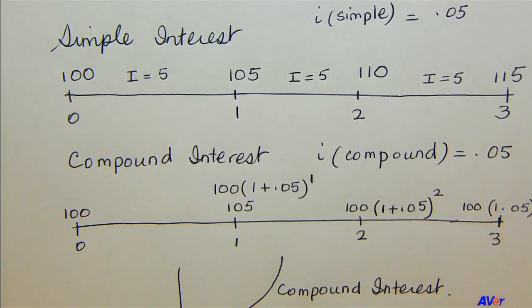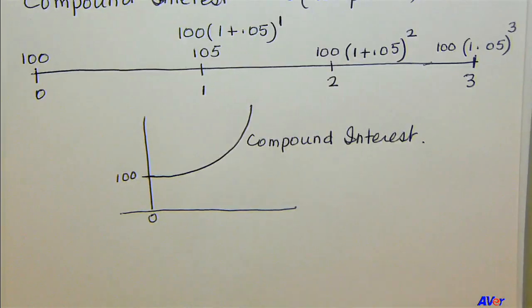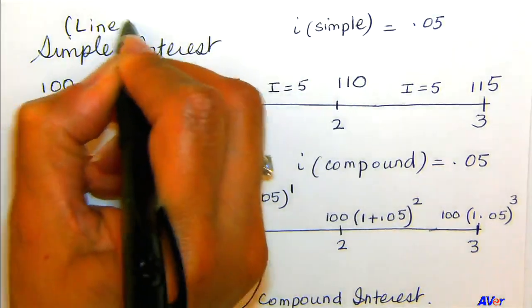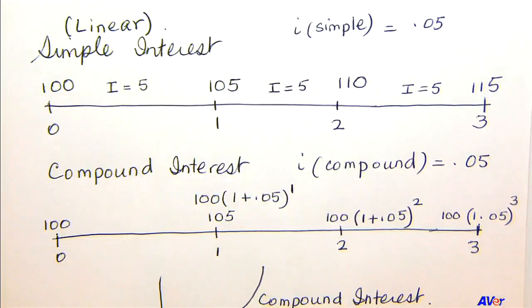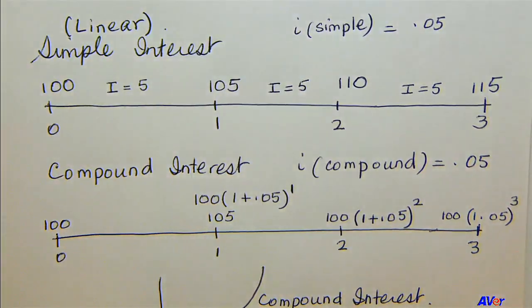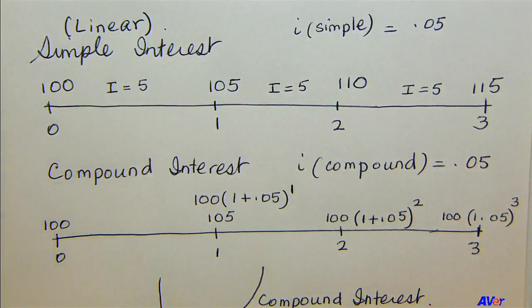What does simple interest look like? Linear. So let's write here, linear. Okay, what is the accumulation function for simple interest? An accumulation function tells you, let me define it.